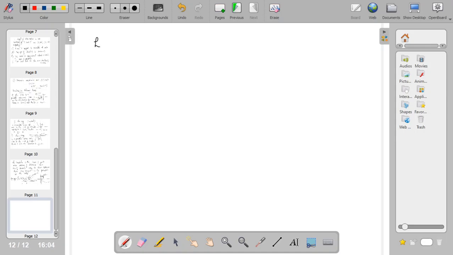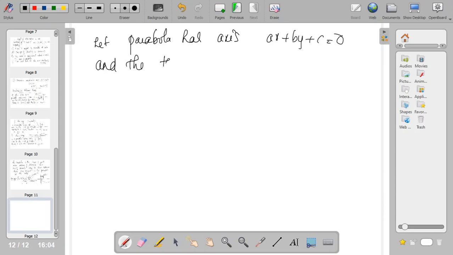Let the parabola have axis ax plus by plus c equal to 0, and the tangent at the vertex be bx minus ay plus c dash equal to 0.